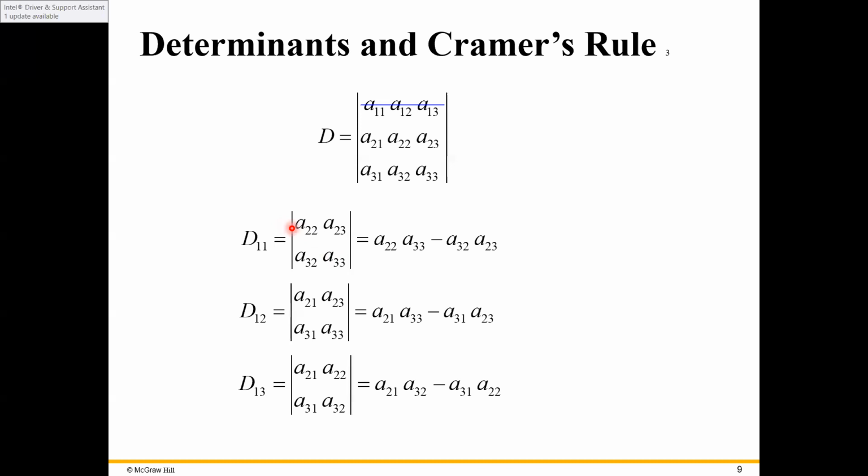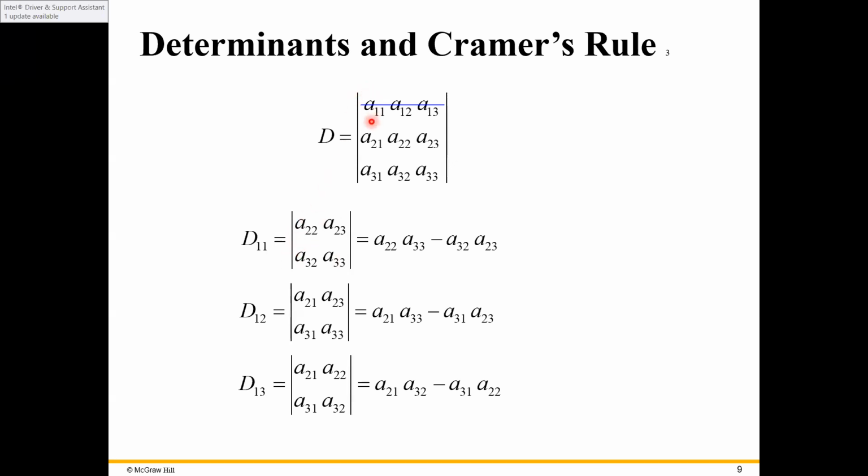So for example, if we take a22, then we will multiply it with a33, and then we will subtract the product of the other diagonal. So in this way, you can determine the determinant of a 2 by 2 matrix.